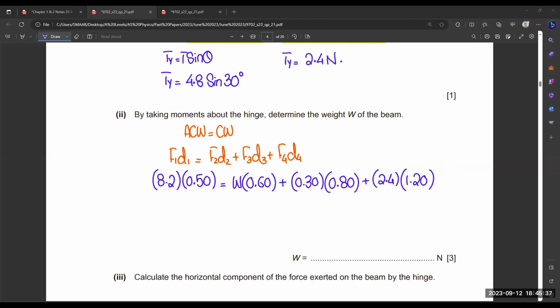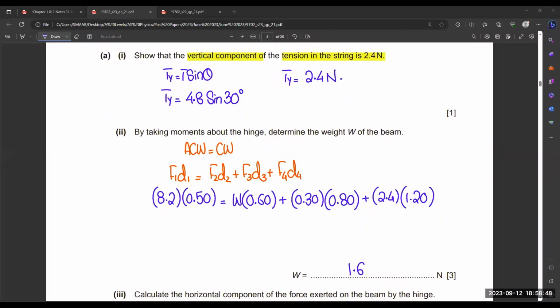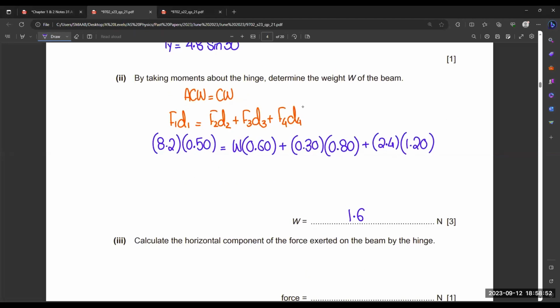Okay, the answer I got was 1.6. The final answer. Okay, so we solved the second part of the question, and your answer is 1.6 Newton, the unknown weight.